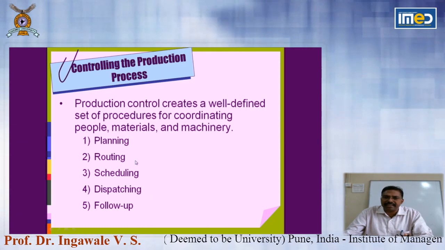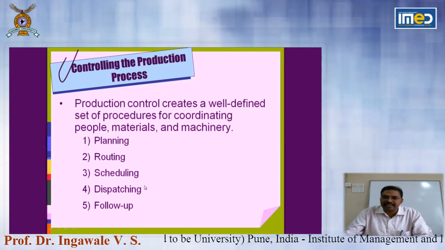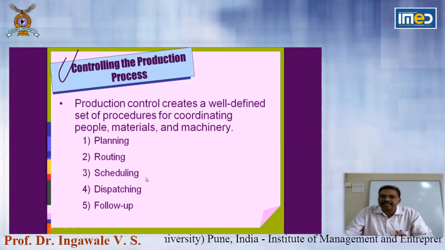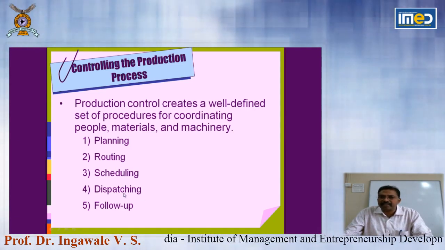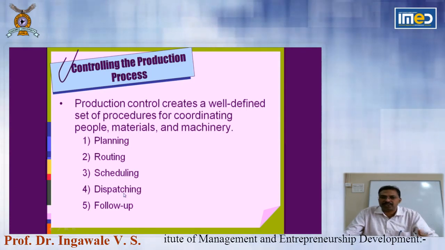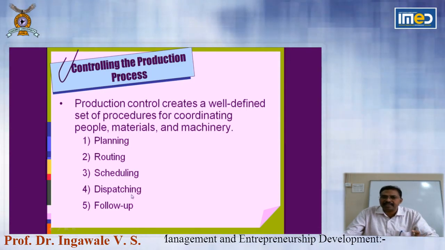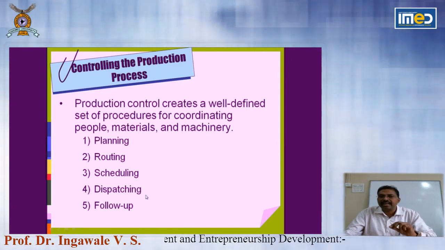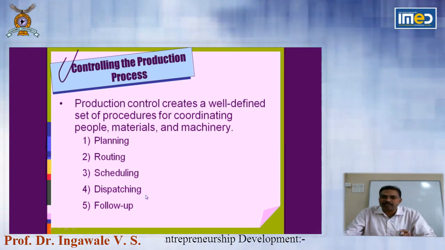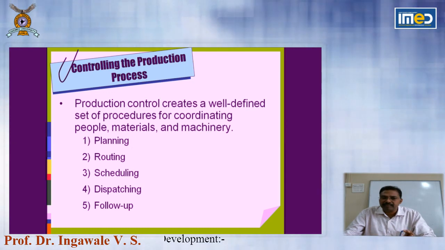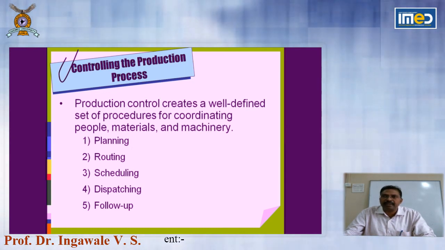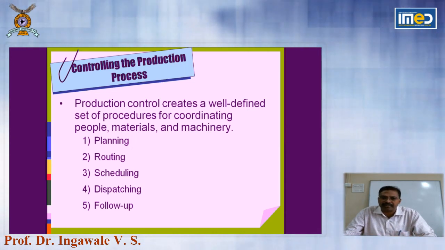Routing means you have to decide the path in advance. Then scheduling means assigning a time duration for each and every activity. Then dispatching, which is not actually dispatching final goods. Here this concept means releasing the orders prepared to workers and other employees. You release those documents to workers.